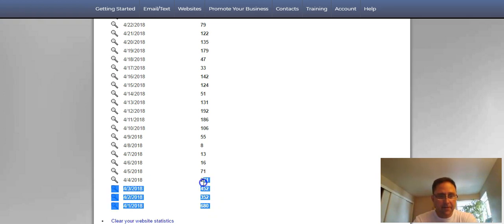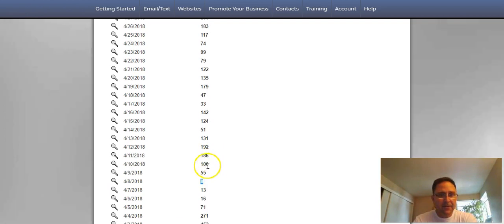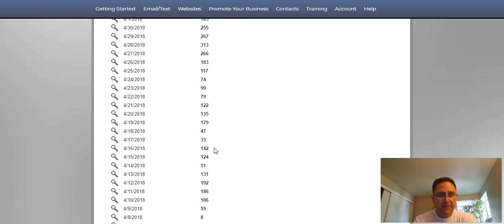So here's that first traffic run. Then it dropped off way down to just 8 visits, and then it spiked up again. Not as much, but again, you can tell the paid versus the free. Actually, a lot of these smaller numbers are most likely using free traffic.